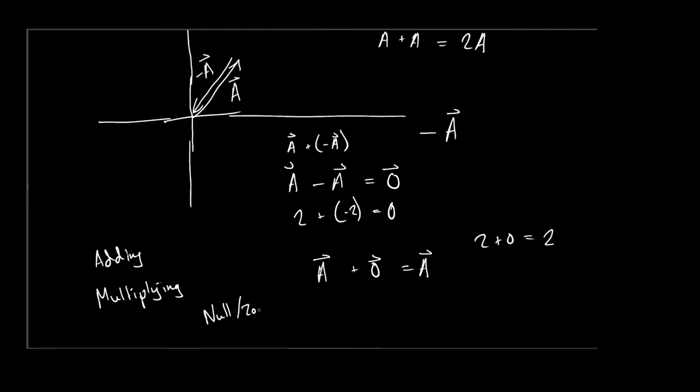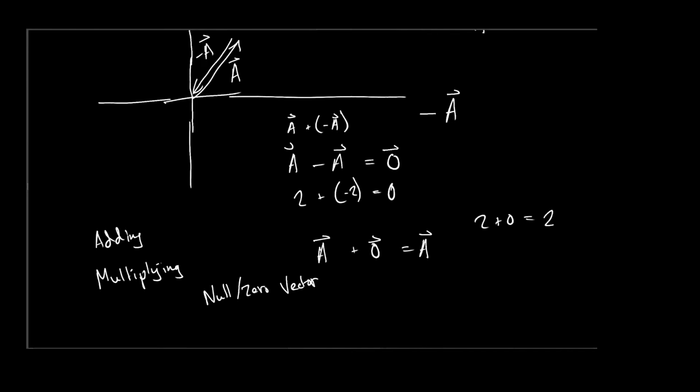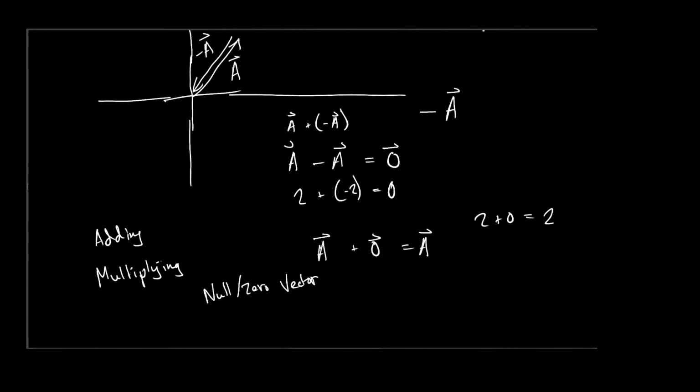Let's write that out. We know about the 0 vector, right? We also know that vectors have a direction and have an x and y component. Right. Now, forgetting about the null 0 vector thing, that's just another concept that will be used later on.